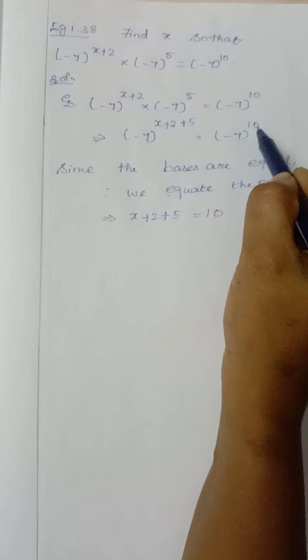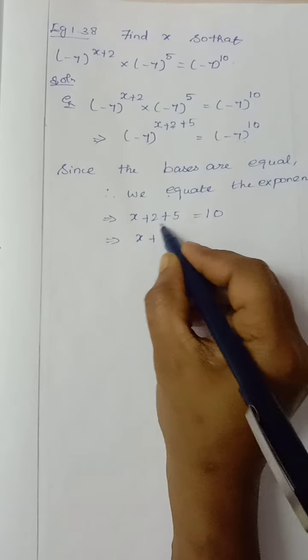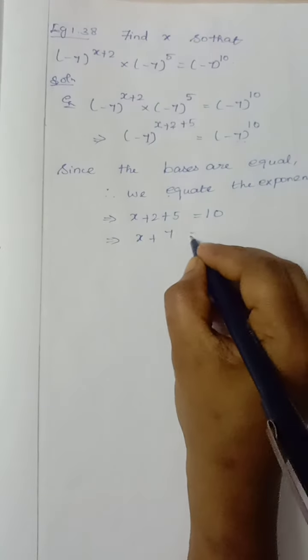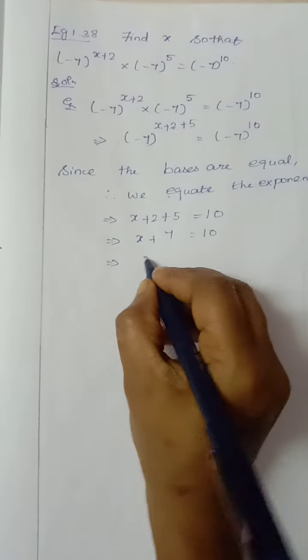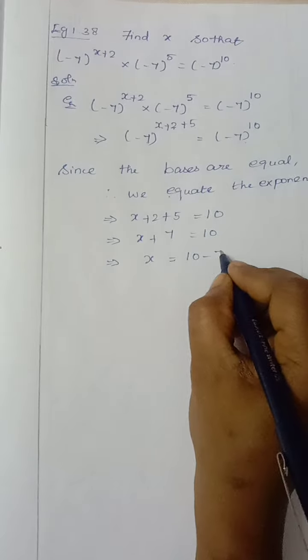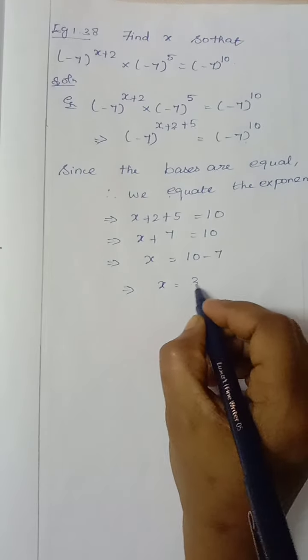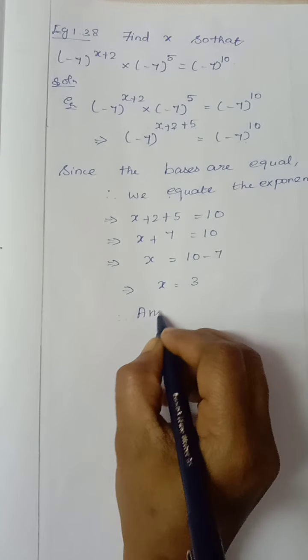That is, the power value on this side equals the power value 10 on that side. So x plus 7 equals 10, which implies x is equal to 10 minus 7, taking the 7 to the right hand side. So x equals 3. Therefore our answer is x equals 3.